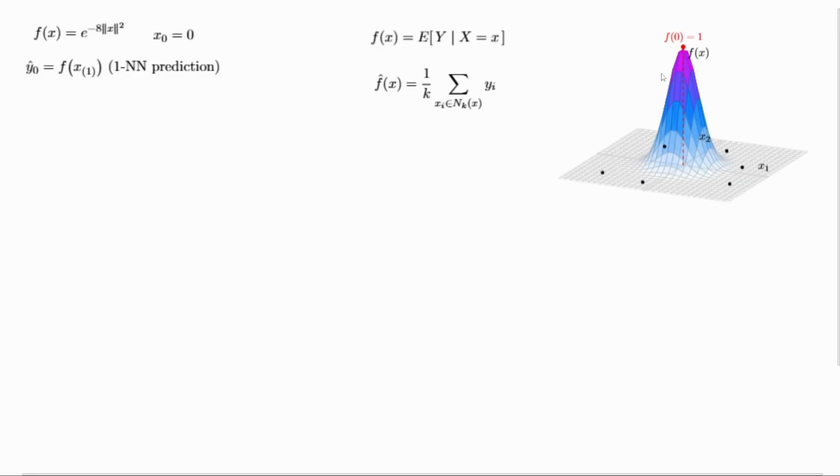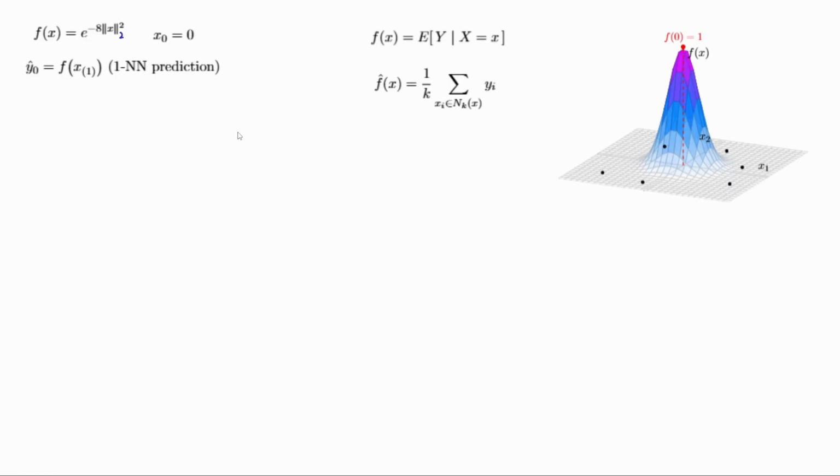If you plot it, it would look something like this. If x is equal to 0, so at the origin, the value of f would be 1, and it would quickly taper off to 0 as you increase your distance away from that origin. That's what this 2-norm represents.